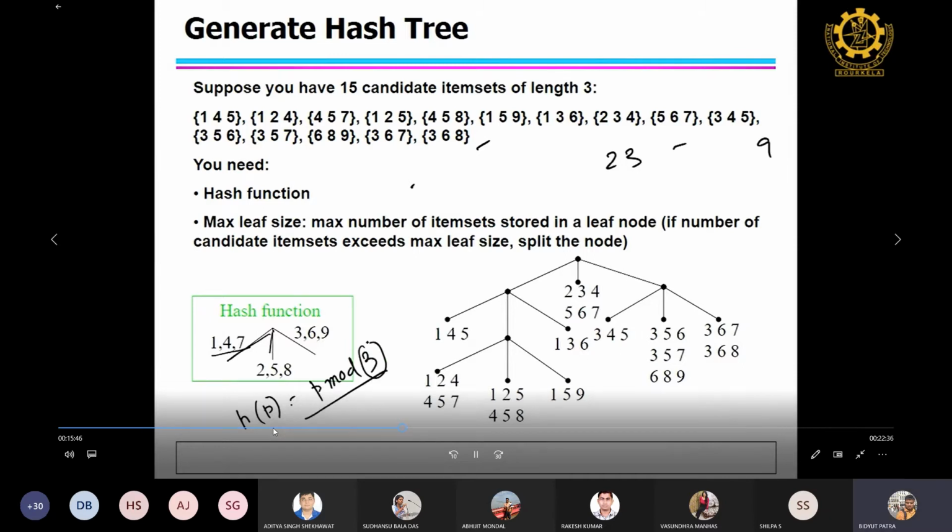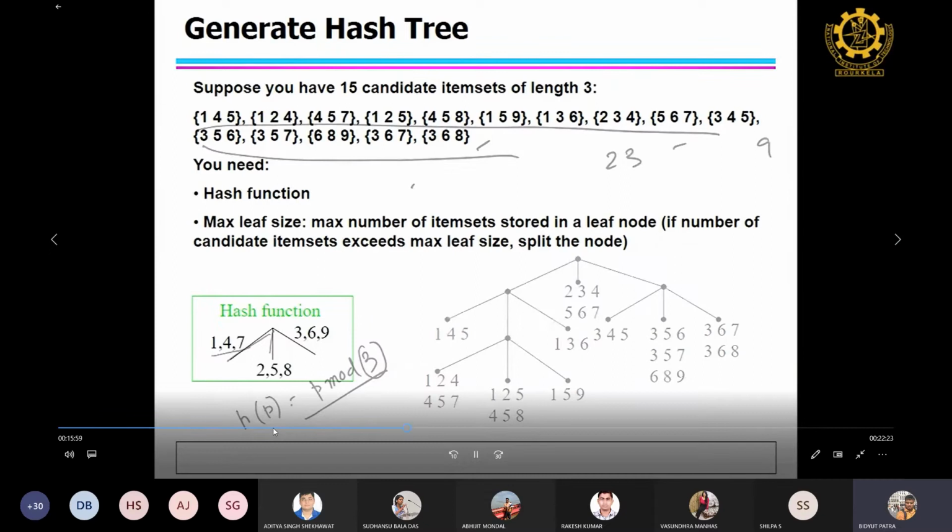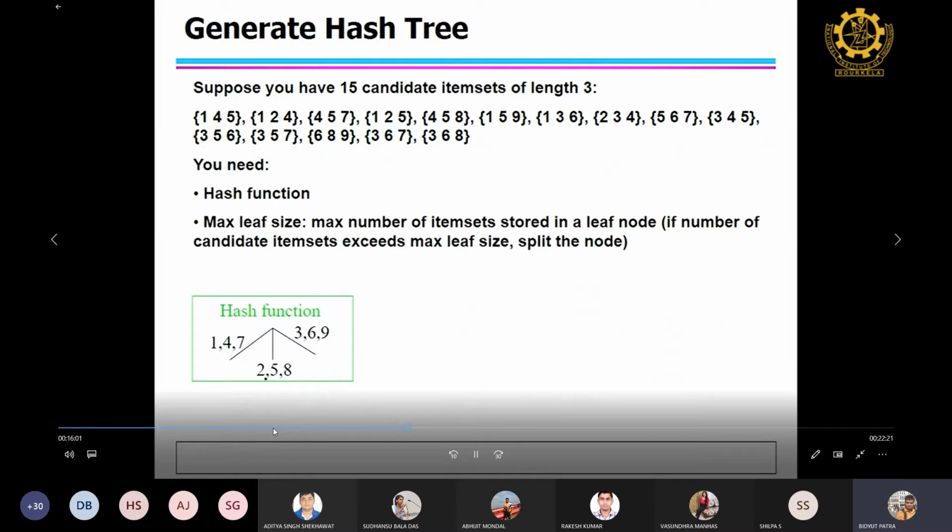Because the length of the candidate item set is 3. Let's say if this is 145, that is 1, it should appear on the left side. Similarly, 368 starts with 3, so it will be hashed on the extreme right side. This is the beauty of the hash function.